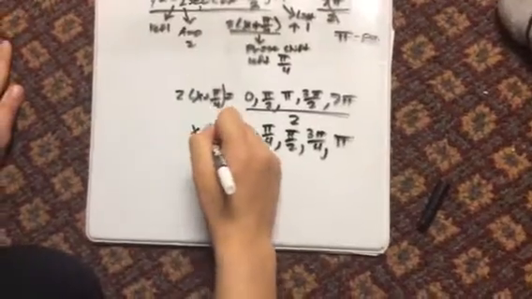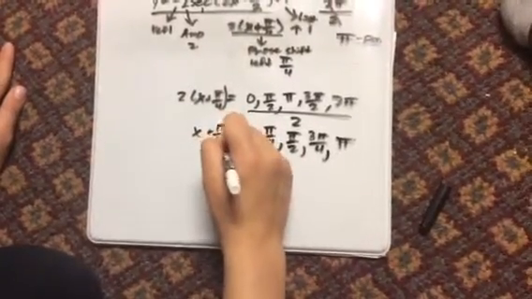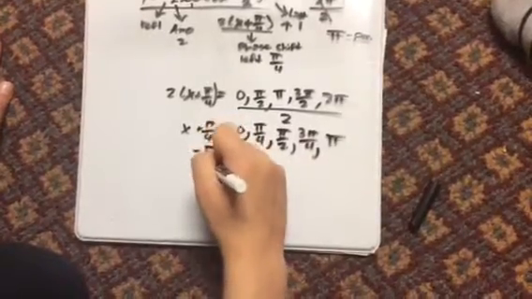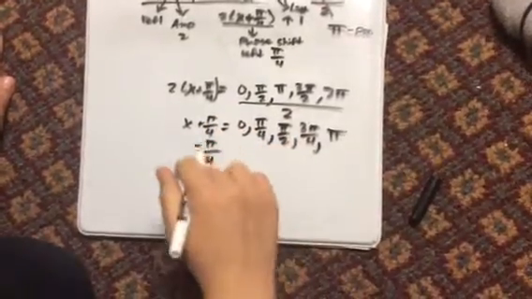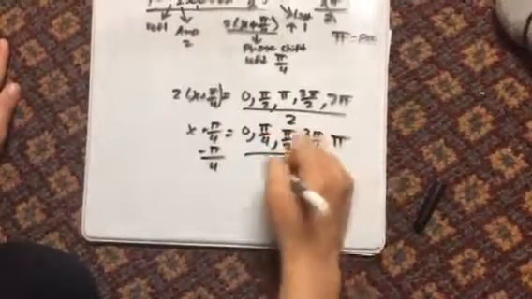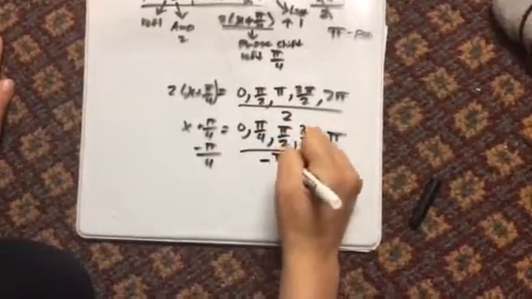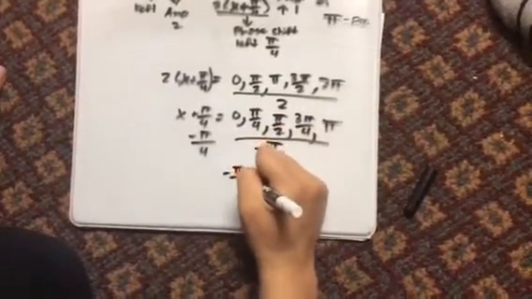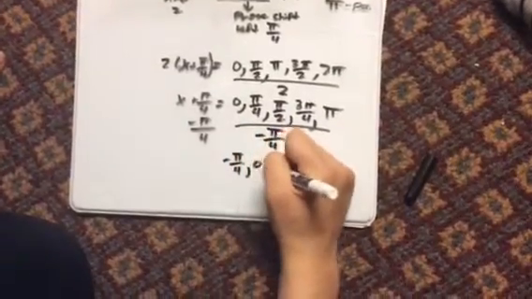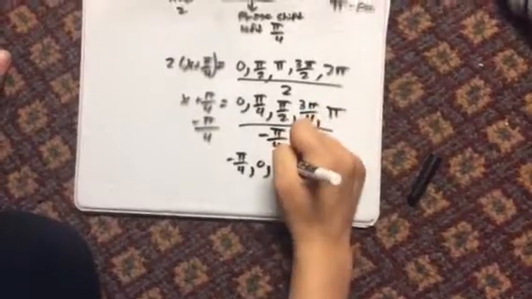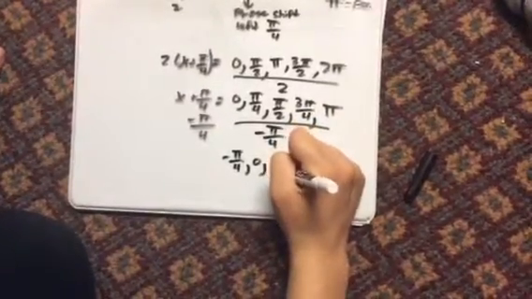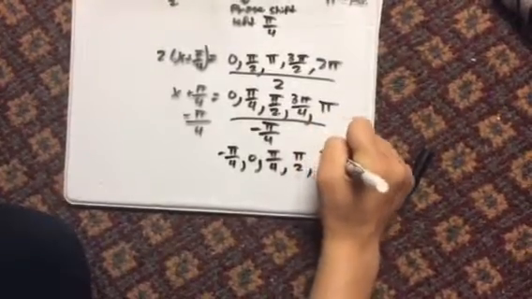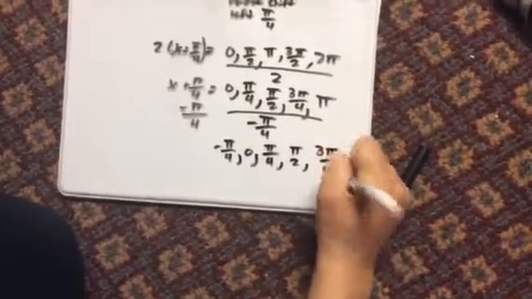And so now we just have x plus pi over 4 equals these coordinates. So we're going to subtract pi over 4 from these coordinates. So now we have negative pi over 4, 0. Now we have pi over 4, pi over 2, and 3 pi over 4.